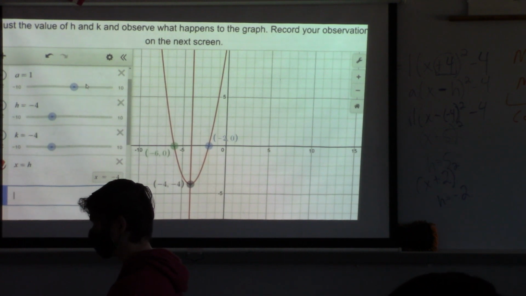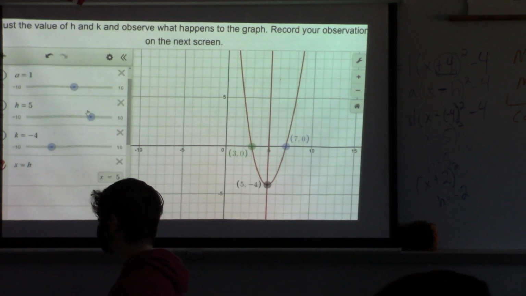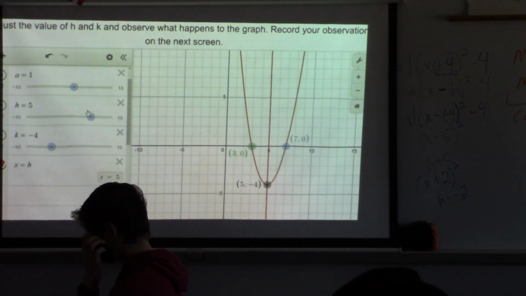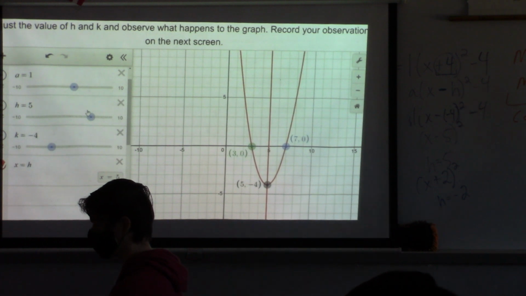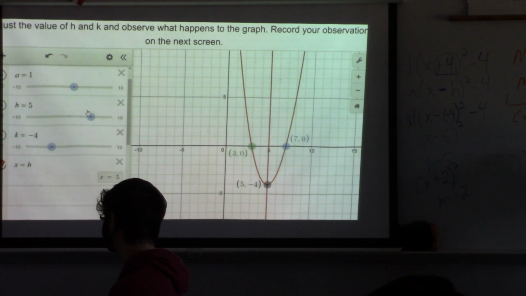Okay. Let's change h to a 5. Does it still give me an axis of symmetry? Yeah. Notice how it's not just, hey, x equals blank, or a number. They used a very generic x equals h. And they did that originally by testing out some numbers. But x equals h, where h is from the vertex form, does that give me the axis of symmetry?